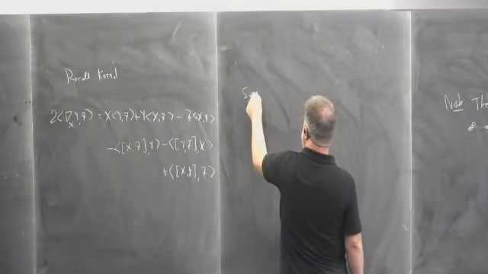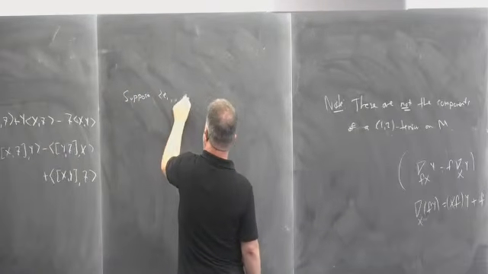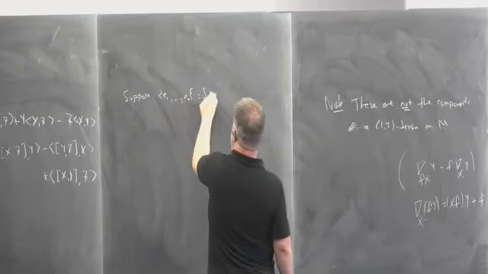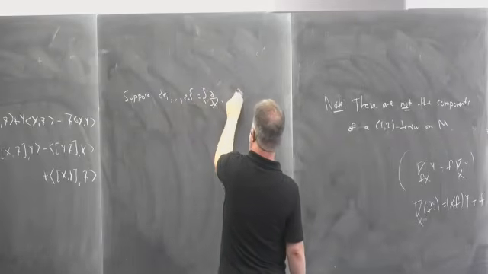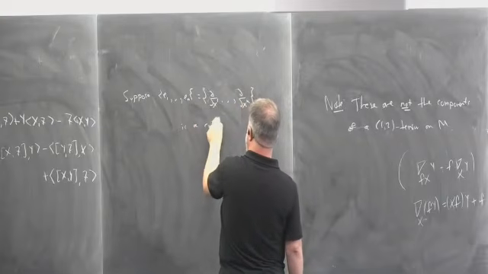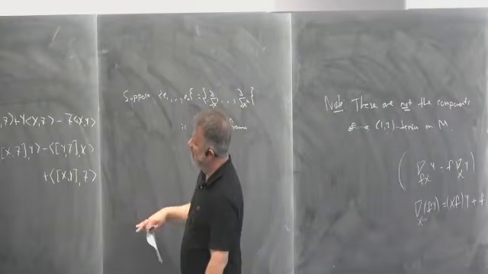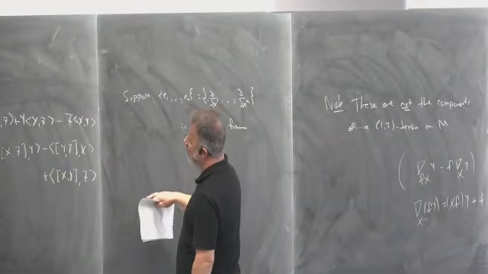Suppose E1 up to En is a coordinate frame. Then this formula actually tells us exactly what the Christoffel symbols are.